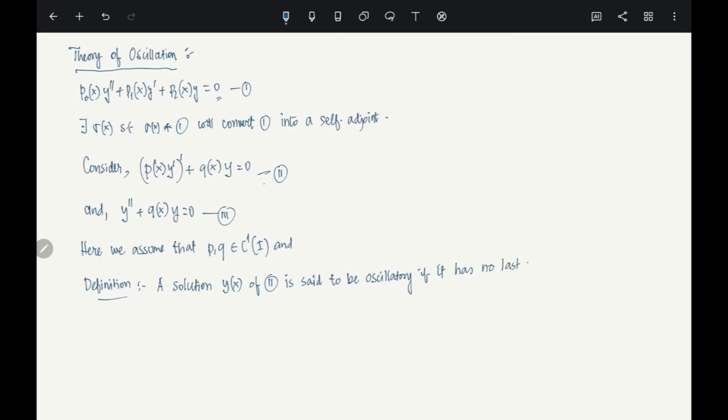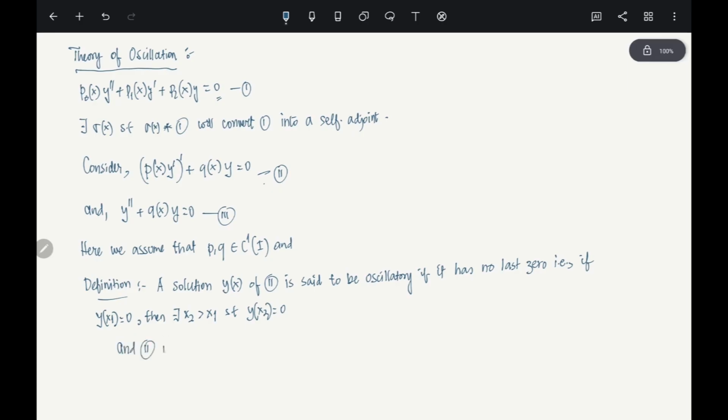Is this okay? What it means is, if you can find x1 such that y of x1 is 0, then there exists an x2 greater than x1 such that y of x2 will also be 0. This is when we call the solution an oscillatory solution.